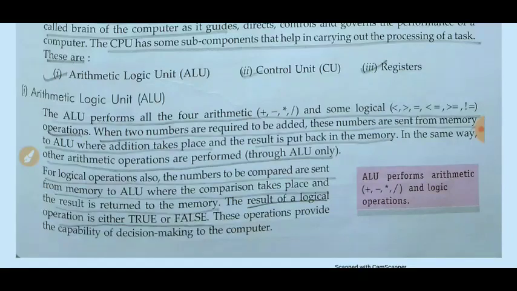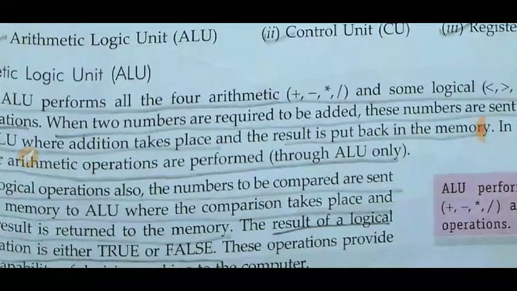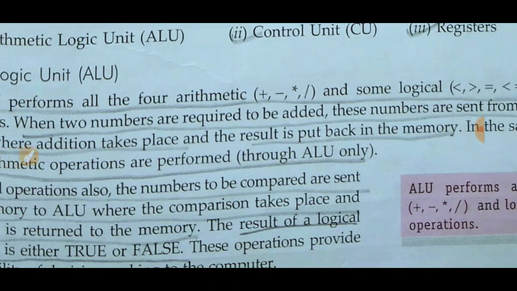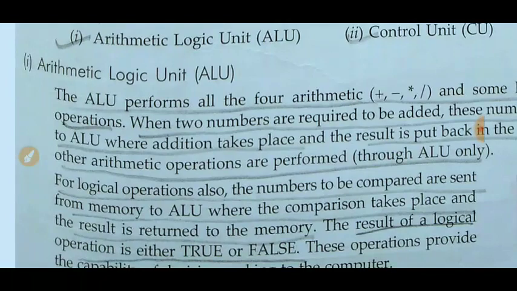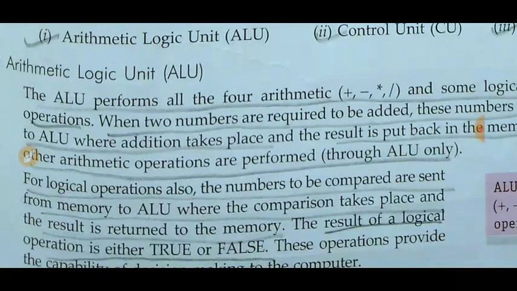How does it work? See here the definition. When two numbers are required to be added, these numbers are sent from memory to ALU where addition can take place. Is it clear? Our input, means data, is stored in the storage device, means in the primary memory.